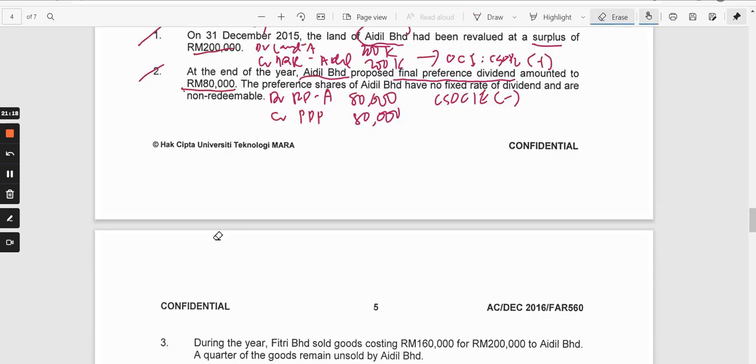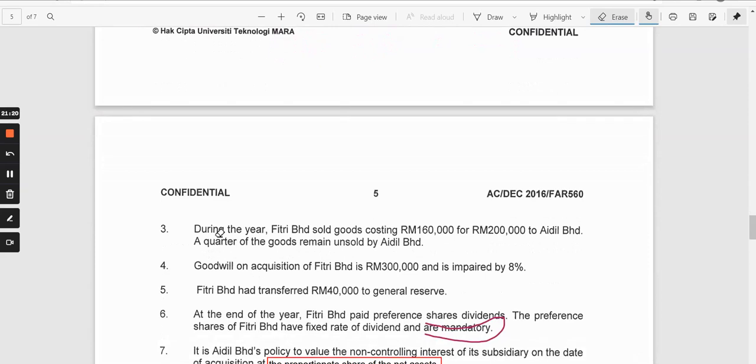However, let's proceed with the next one. The next one is the transaction that happened in the current year, because it says during the year. Fitri sold goods. So if Fitri is the subsidiary, it sold goods to the parent, AIDIL.